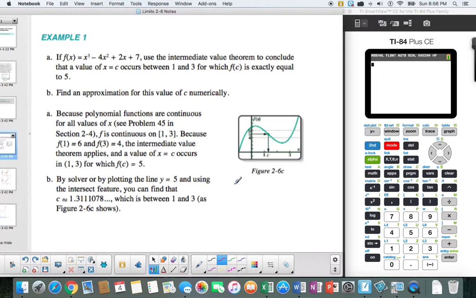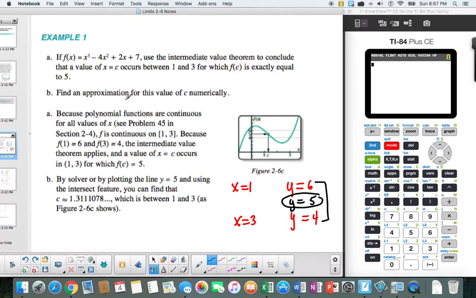So when x is equal to 1, the y value is equal to 6, and at x equal to 3, the y value is equal to 4. So we want to know if we're going to be able to get a y value that is 5. This is the intermediate value between 6 and 4.